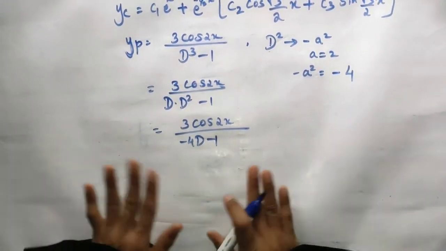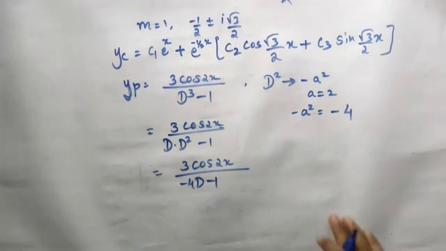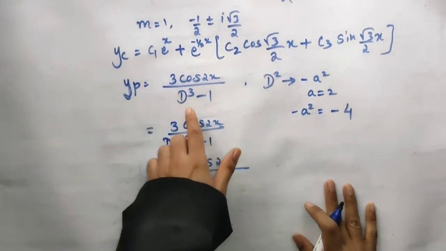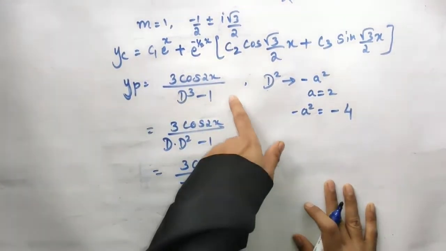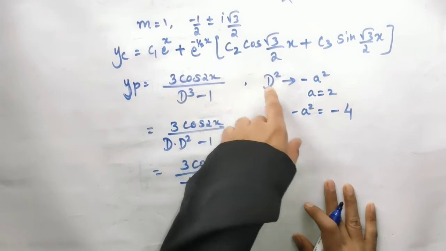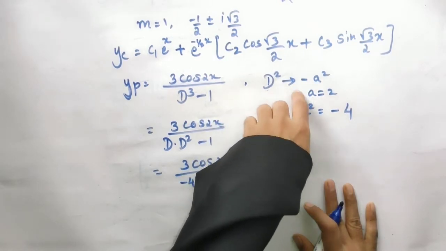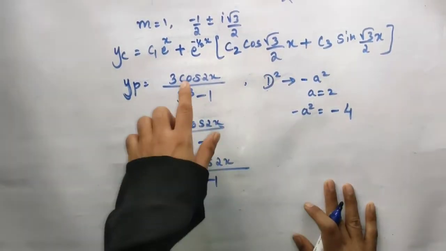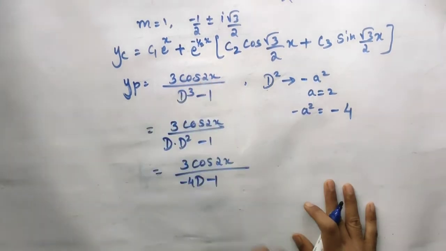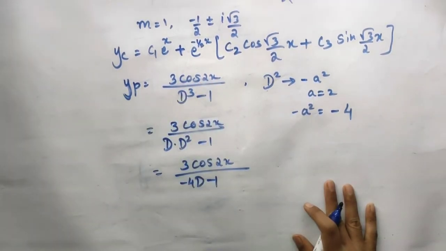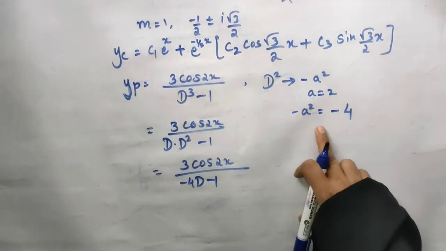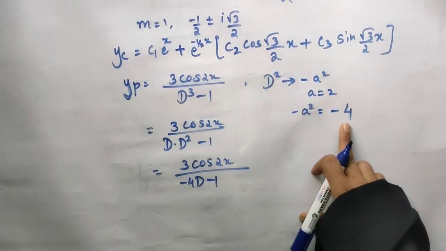I hope up till here everything is clear. You are writing yp like this. According to the rule which we discussed before, every d square must be replaced by minus a square. Here the value for a is 2, so a equals 2, and minus a square is minus 4.